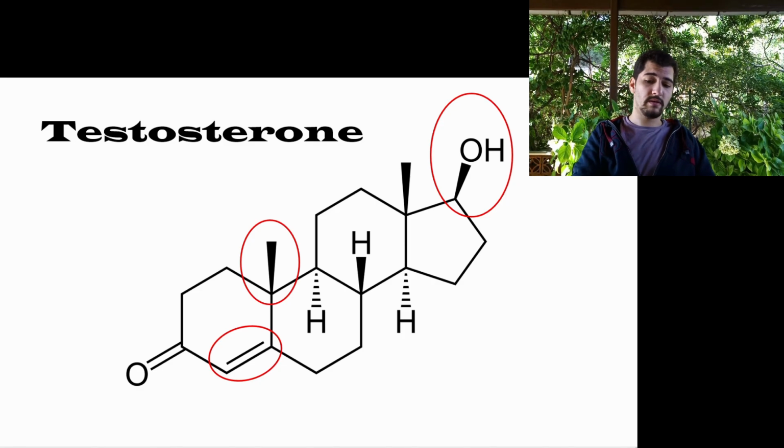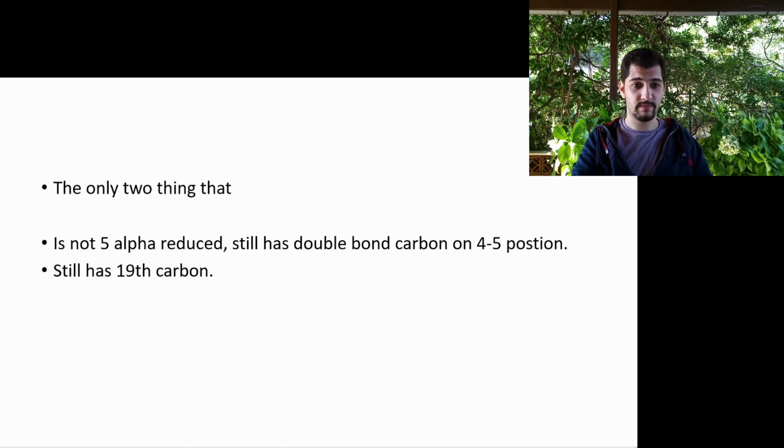So let's go back to the testosterone molecule itself. Let's take a look at the 19th position. It still has the methyl group on the 19th position, which means CH3, 3 hydrogens and 1 carbon.